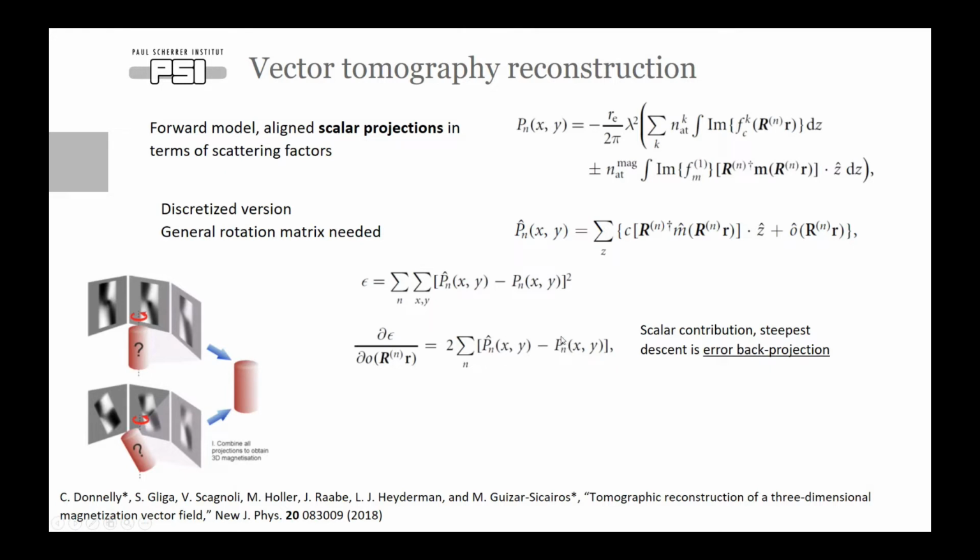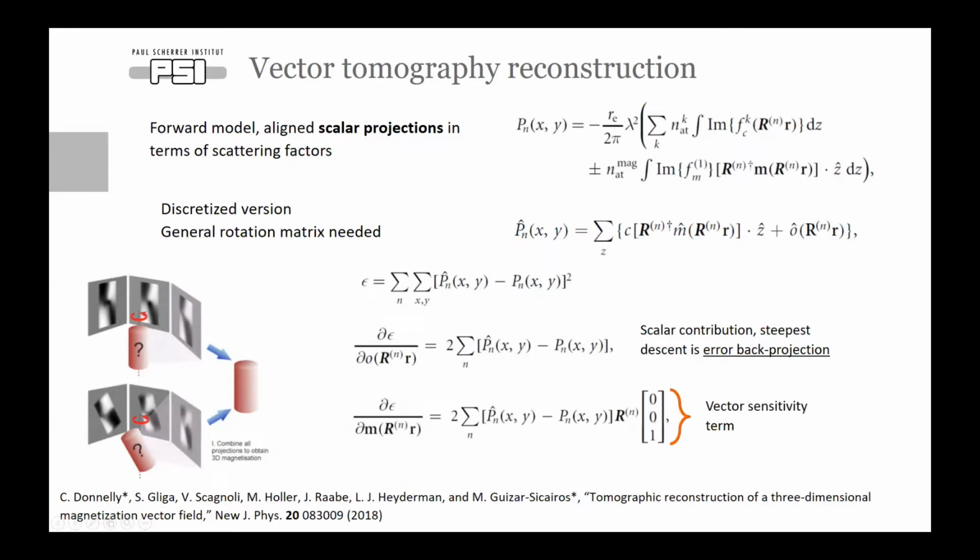This is very similar to what people use for iterative tomography reconstructions. They are just following the direction of the gradient descent. So we take the difference between these projections, and then we back project them to the direction where the X-rays were coming from for that particular projection, and you go downhill on the error metric.